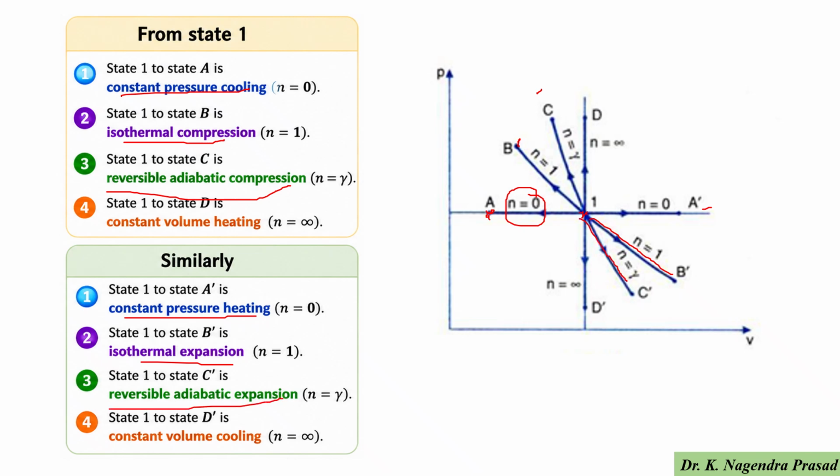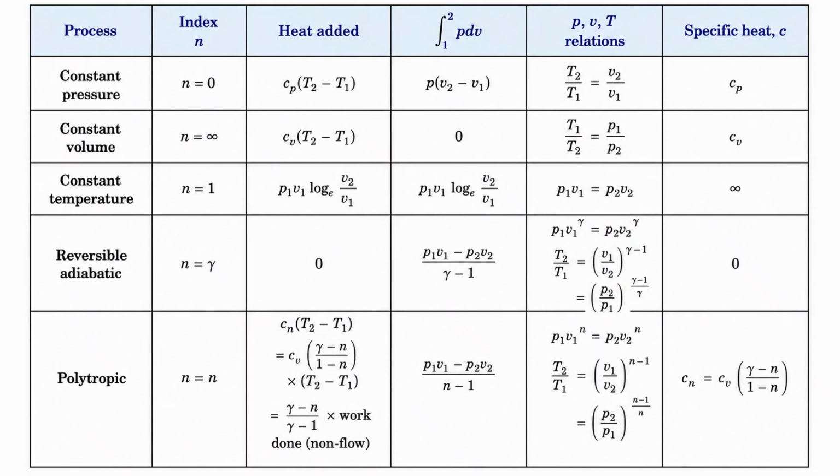And last, we observe the process 1 to D and 1 to D dash, where n equal to infinity. Where n equal to infinity, the process is the constant volume process. Here 1 to D is the constant volume heating, and 1 to D dash is the constant volume cooling. And this table represents the summarization of all the processes.